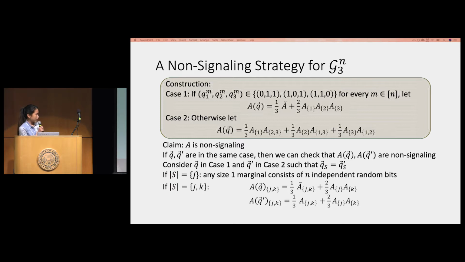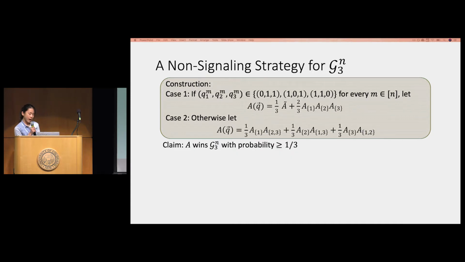And with 2/3 probability, we're going to have a size 1 marginal, which will just have an independent random bit from the other size 2 marginal. And so we get these two marginals for the JK marginals, and our size 2 marginals were defined exactly so that A tilde sub JK equals A sub JK. And this is enough to check that A is a non-signaling strategy.